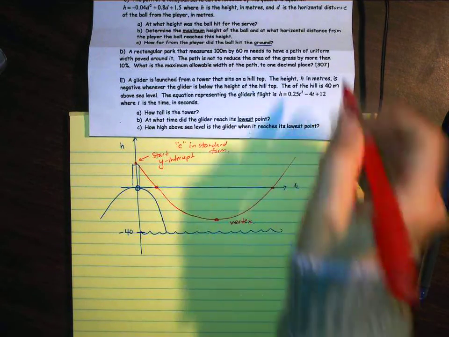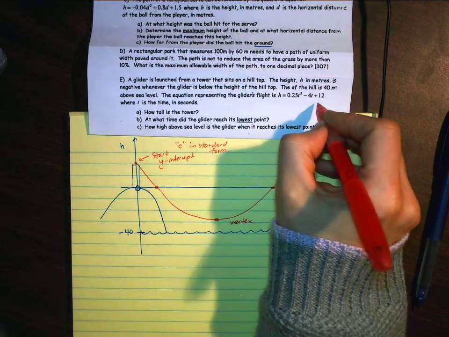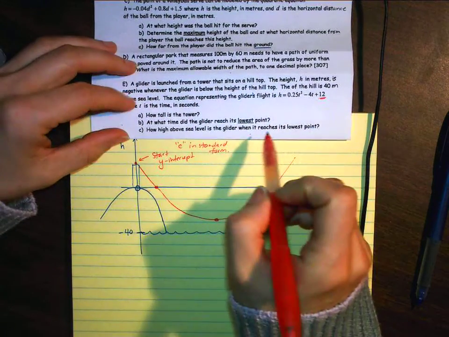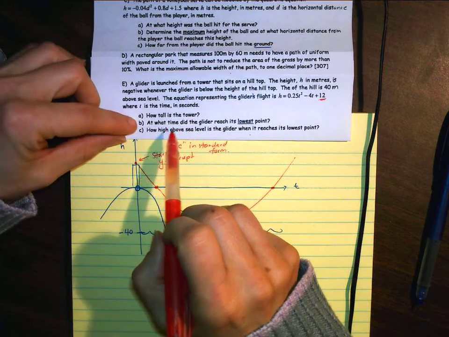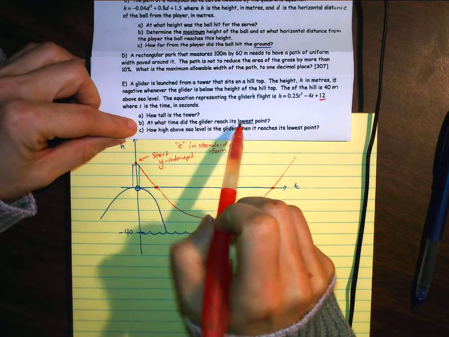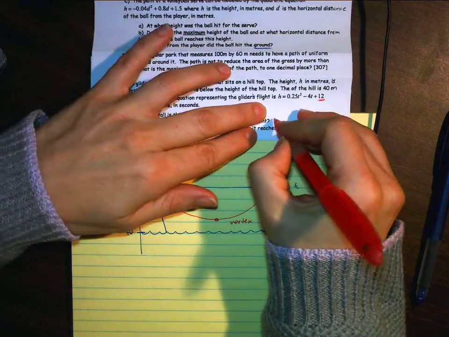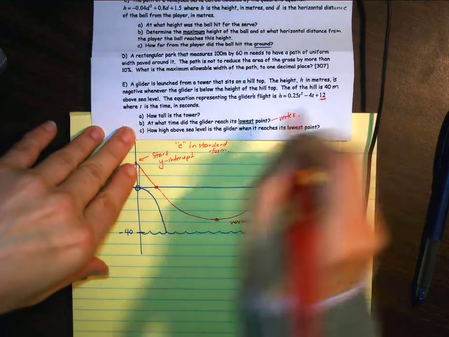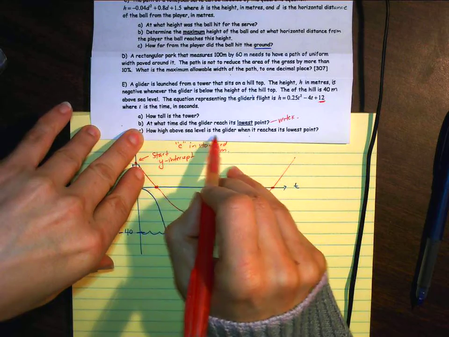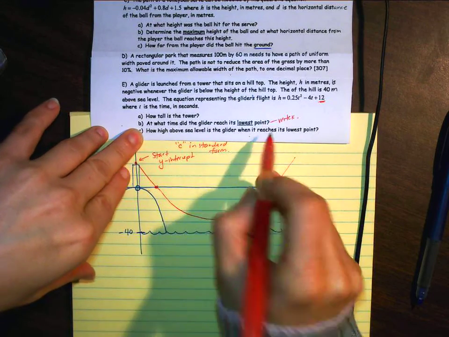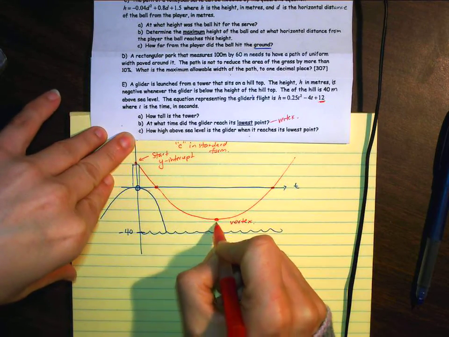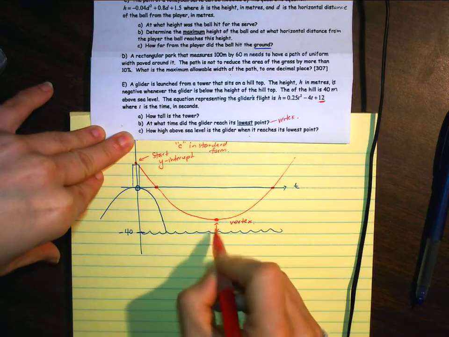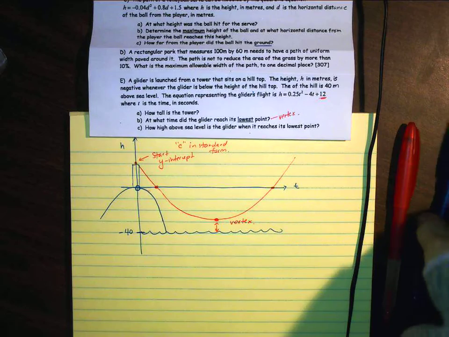So right there is the height of my tower on top of the hill. At what time did the glider reach its lowest point? For that one, I'm looking for the vertex, so I will need to complete the square. How high above the sea level is the glider when it reaches the lowest point? So in part C, I'm actually looking for this height. So let's go ahead and complete the square and do that.